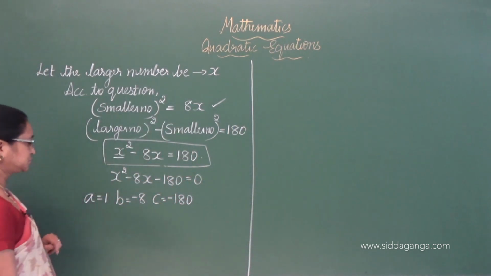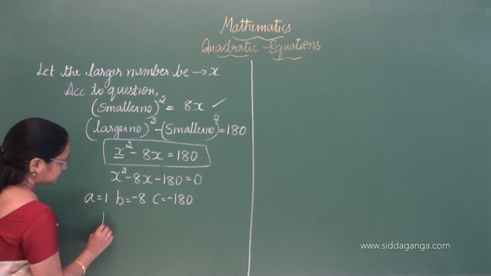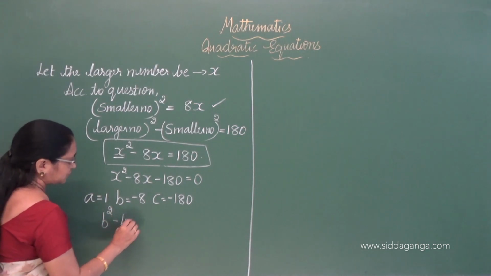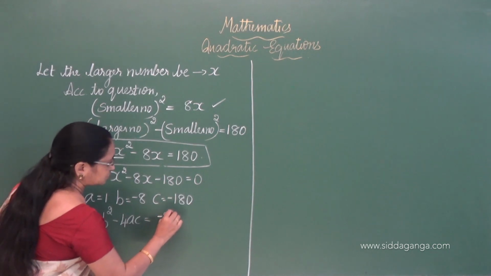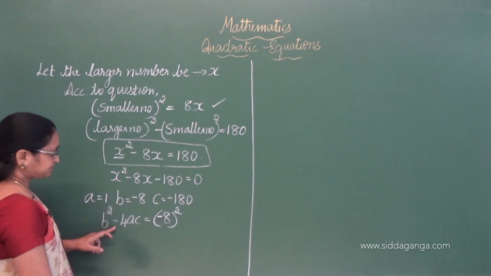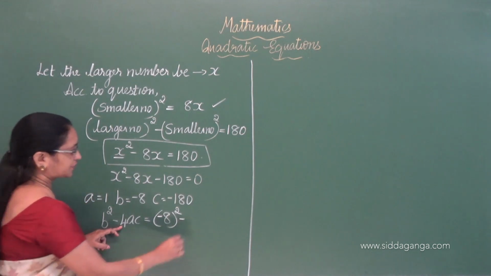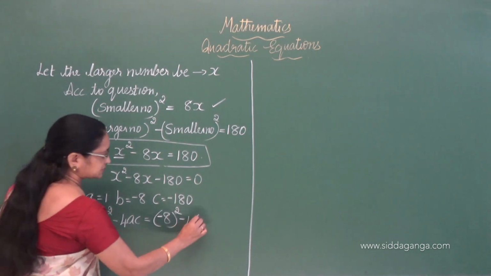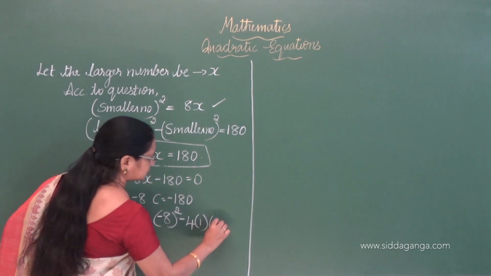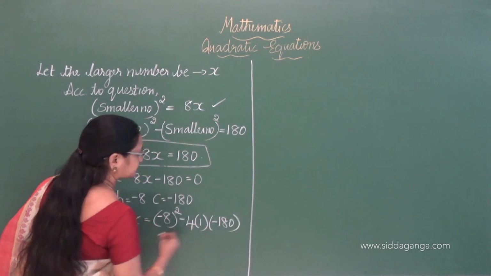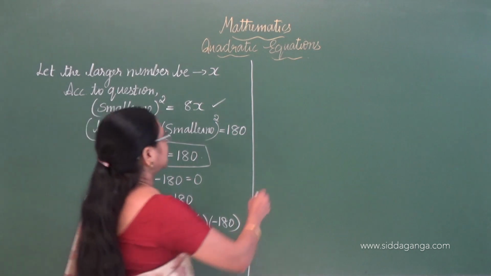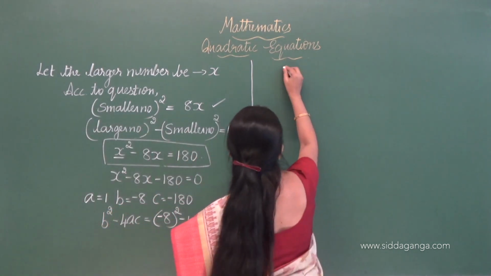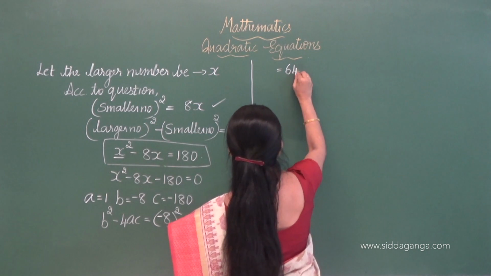Now, let us do b square minus 4ac. Let us find out how much b square minus 4ac is. So, minus 8 whole square minus 4 into a, where a is 1 and c is minus 180. Minus 8 whole square is 64, 8 8s are 64.